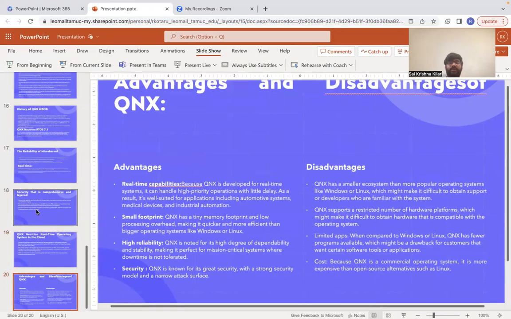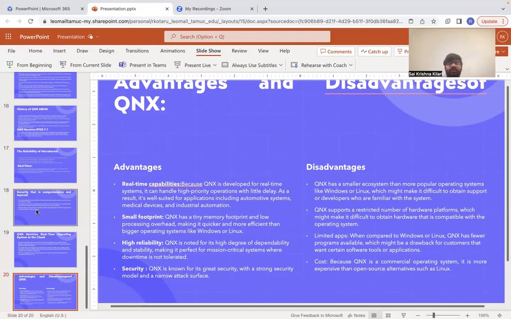The advantages and disadvantages of QNX. I would start with advantages. Real-time capabilities: QNX is developed for real-time systems that can handle high-priority operations with minimal delay. As a result, it is well suited for applications including automotive systems.